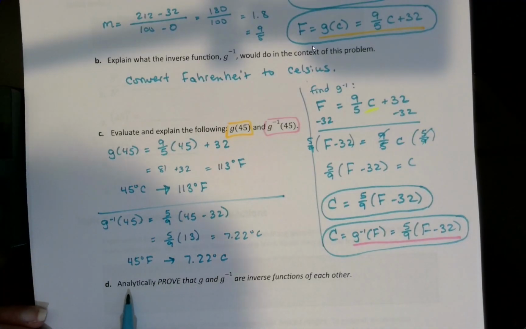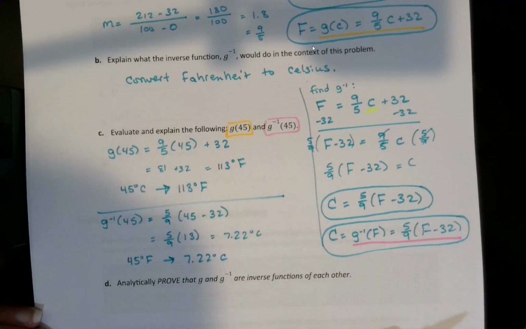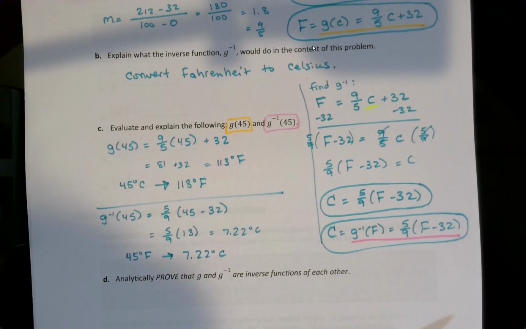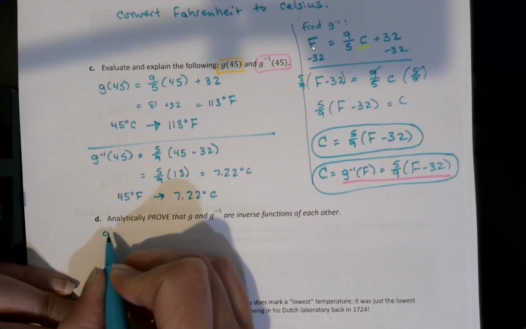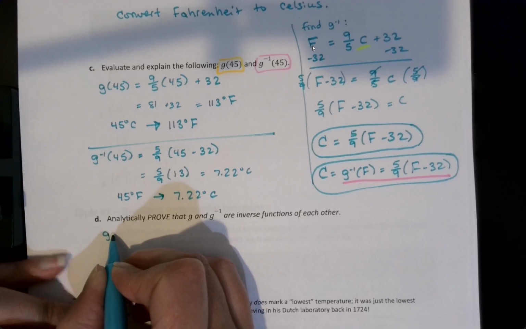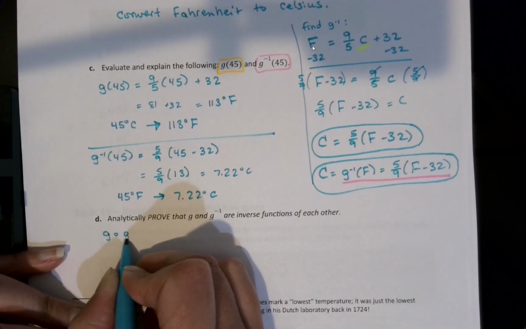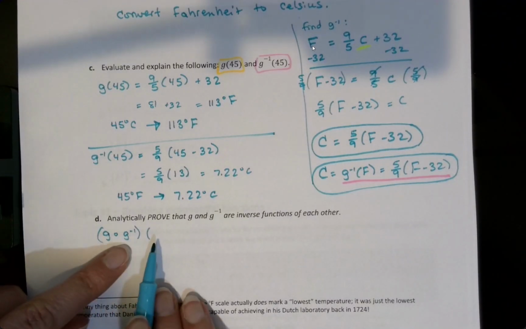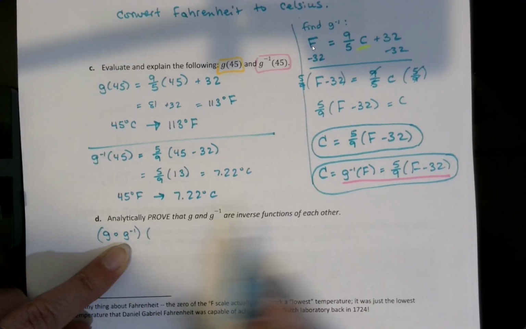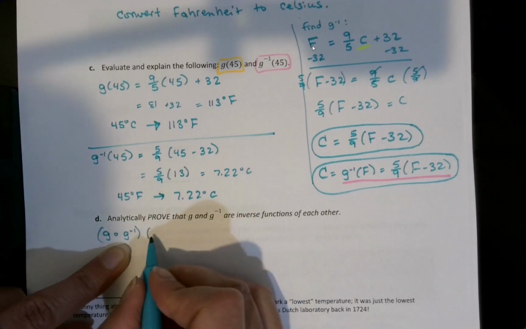Last, analytically prove that g and g inverse are inverse functions of each other. We're going to do that through composition. So let's show that g of g inverse of, the variable needs to go into g inverse first, so that variable has to be in Fahrenheit.